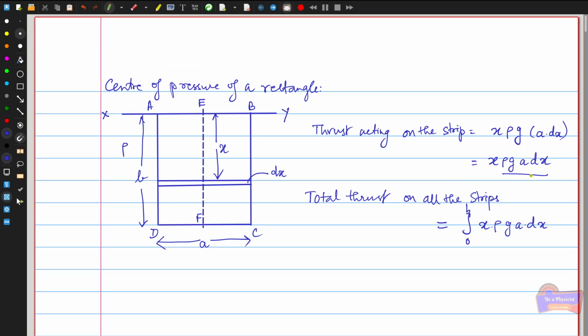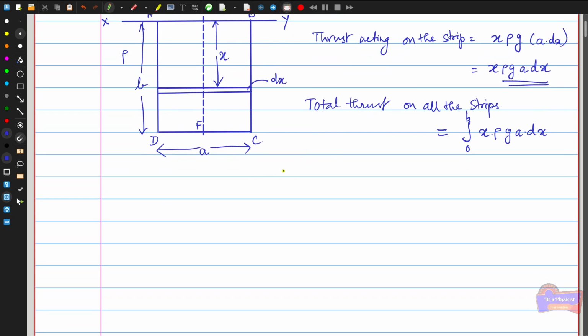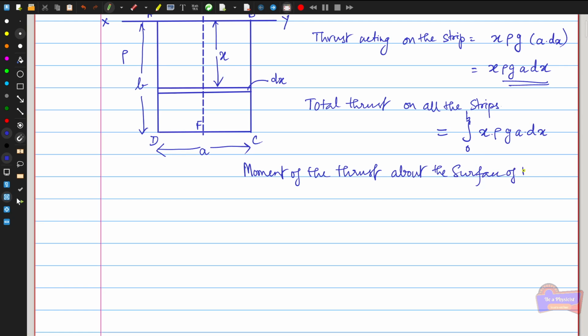Using the thrust acting on the strip, I can find the moment of the thrust due to the liquid about the surface of the liquid, which is equal to the thrust multiplied by the distance.